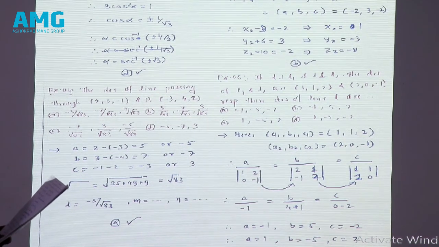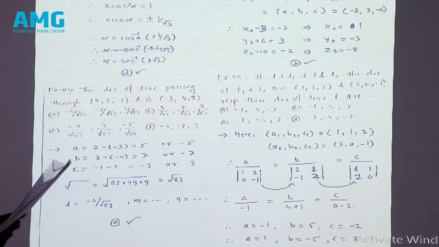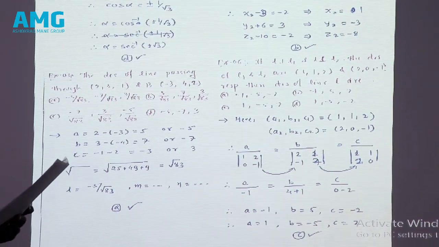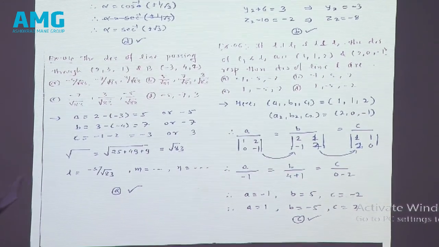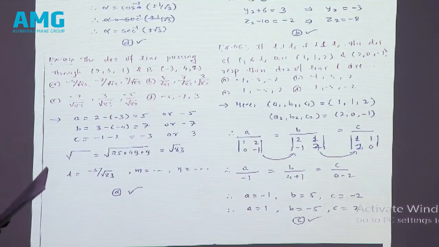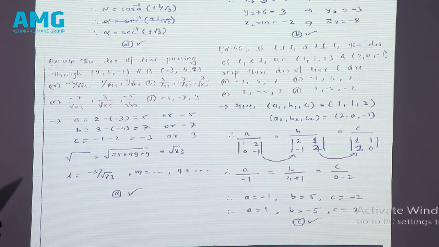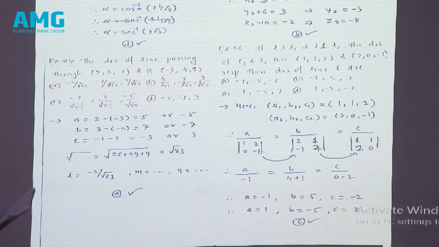Very simple question. This is related to perpendicular lines. The options are like this: A minus 1, minus 5, minus 2, B minus 1, 5, 2, C 1, minus 5, 2, and D option is 1, minus 5, minus 2.